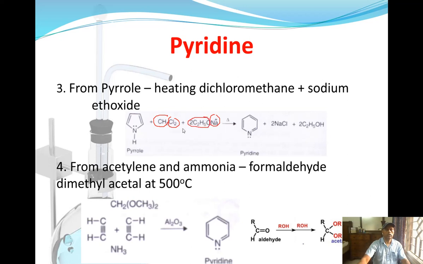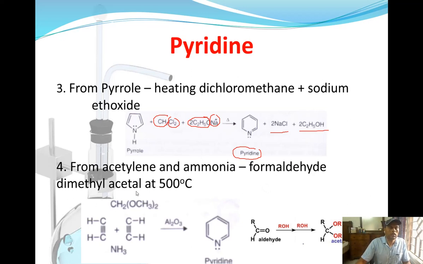With the sodium ethoxide, you are going to get pyridine as the product, along with ethanol and sodium chloride as the byproducts. So this is the third method of pyridine synthesis from pyrrole.